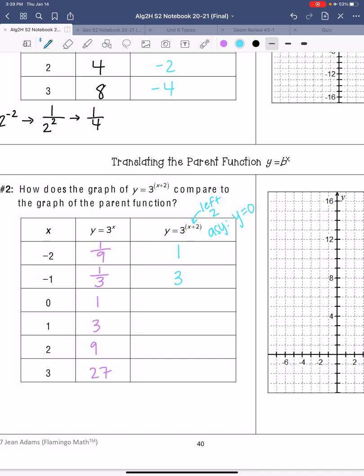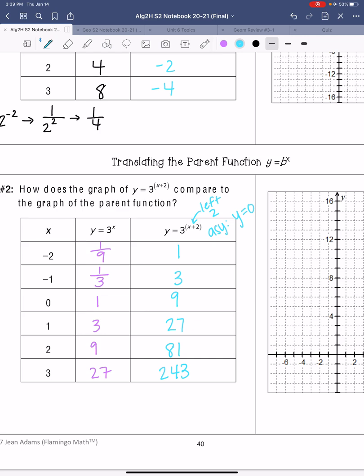And then we're going to have 0 plus 2 is 2. 3 squared is 9. Notice what is happening here. All of these are moving 2. Okay, so the next one would be 27. The next one would be 81. And the last one would be 243.